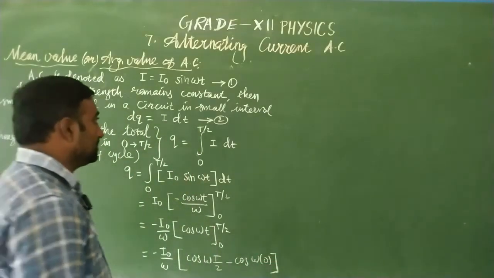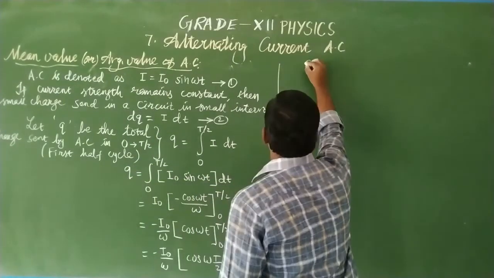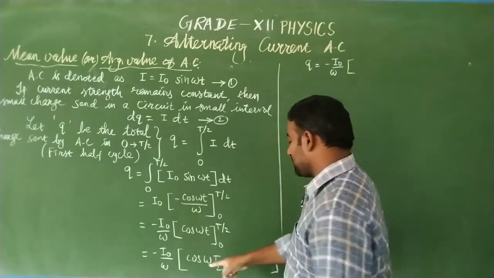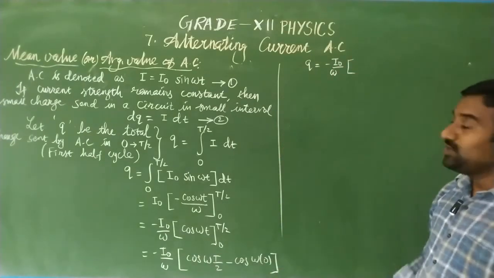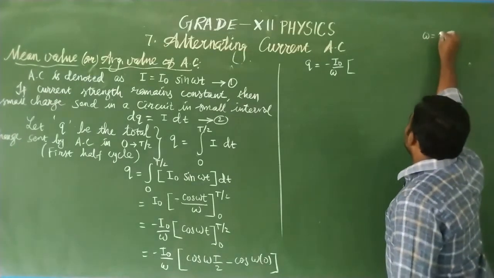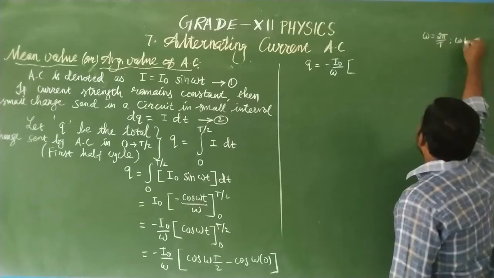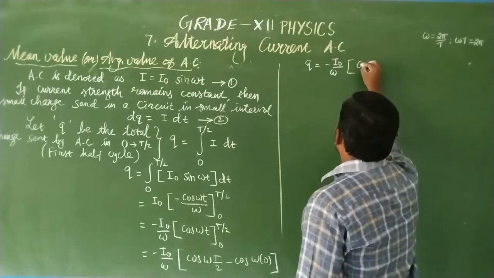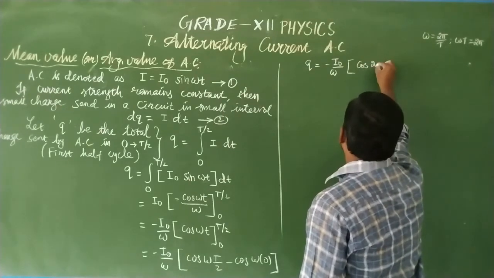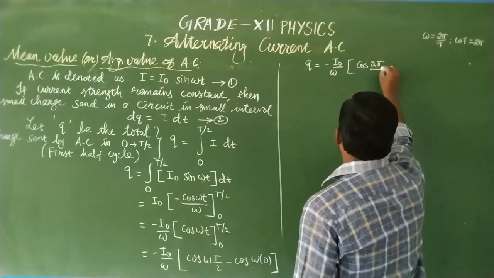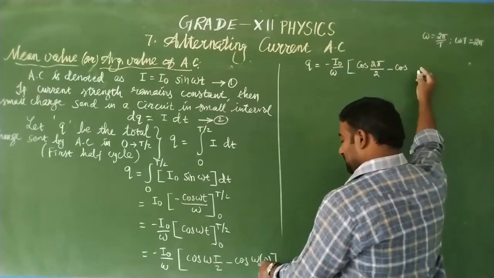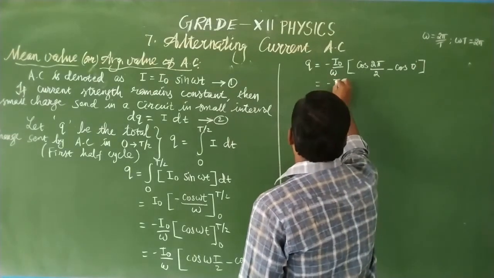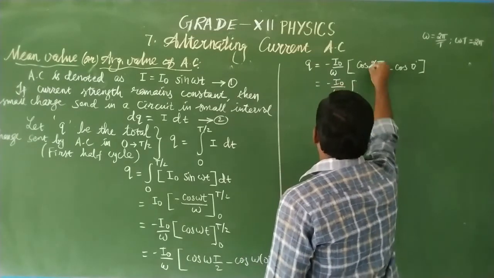Am I right? We know omega is equal to 2 pi by T, or omega T is equal to 2 pi. So instead of omega T, we can substitute 2 pi, giving cos of 2 pi divided by 2 minus cos omega into 0.